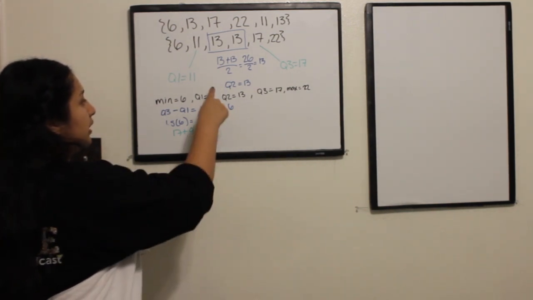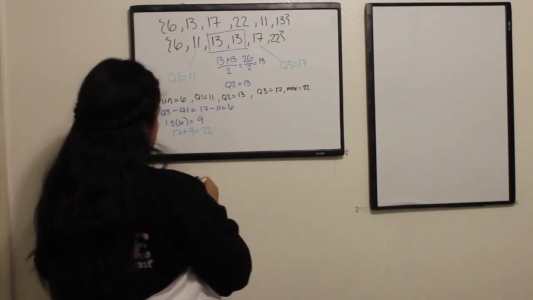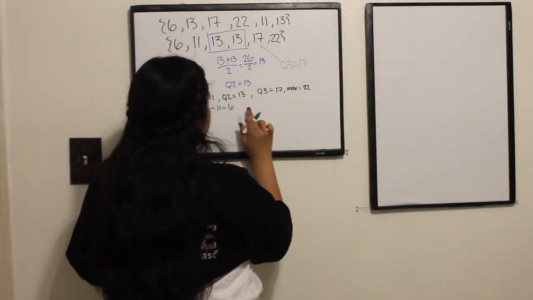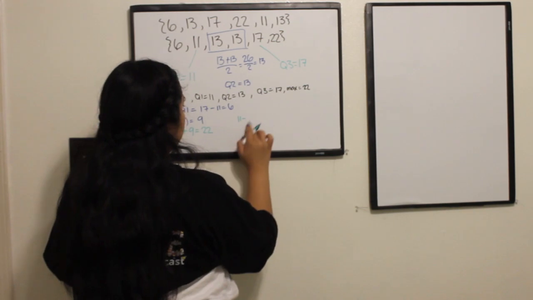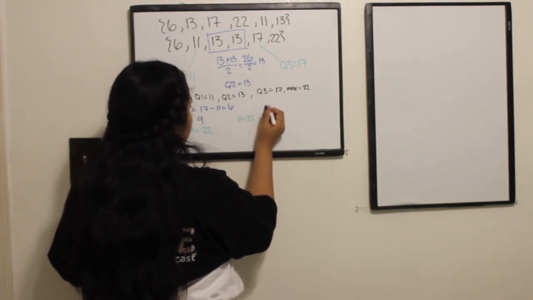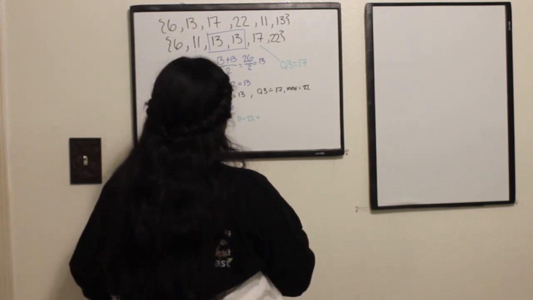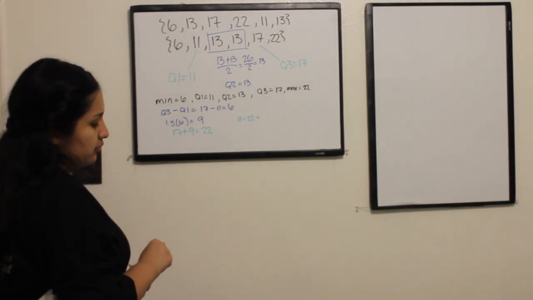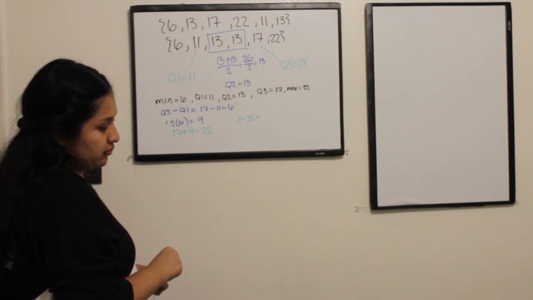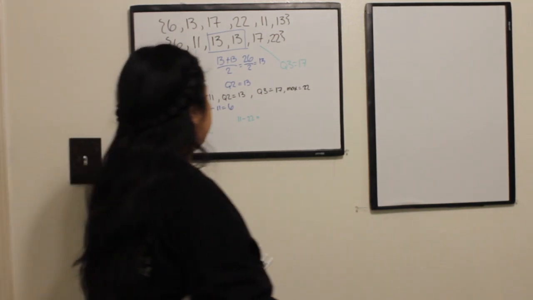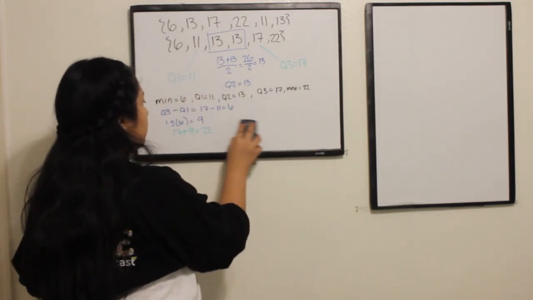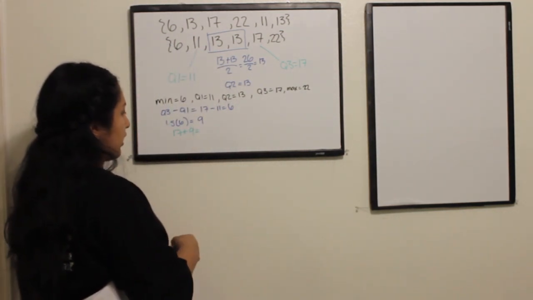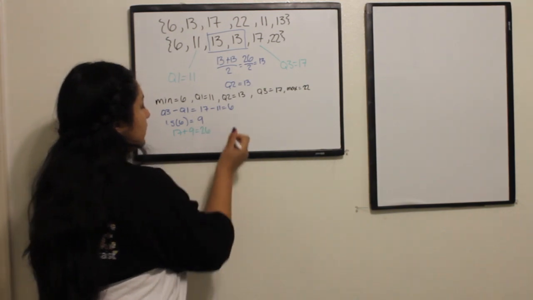After this, we're going to grab 11. So we're going to grab 11 minus our 6. So 17 plus 9 is going to equal 26.